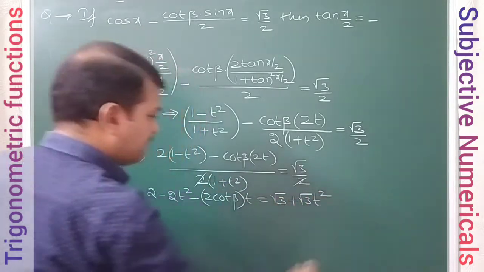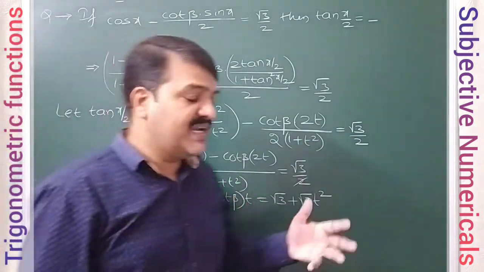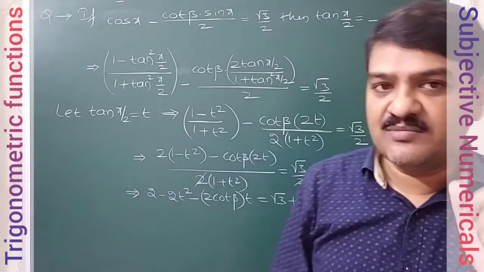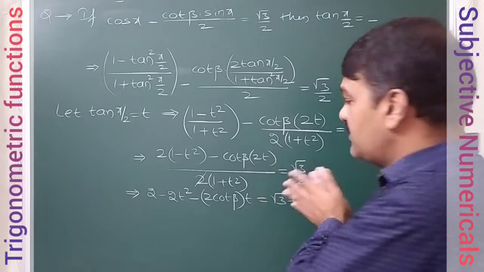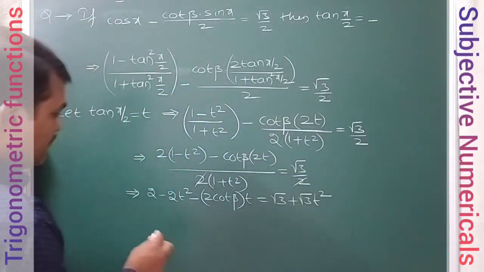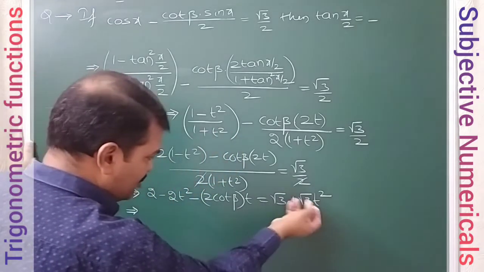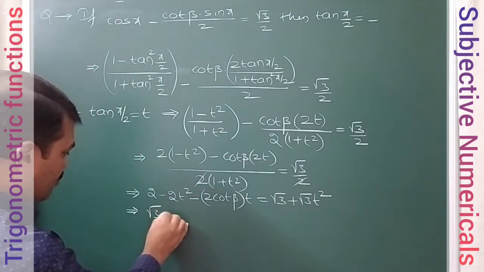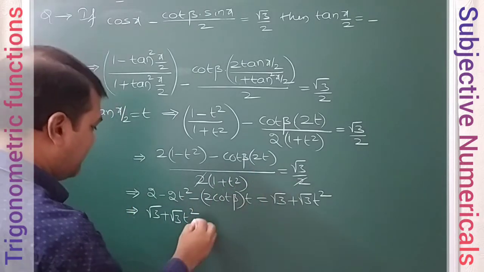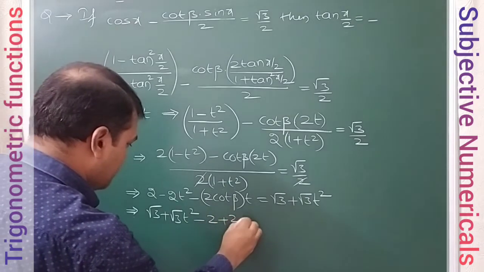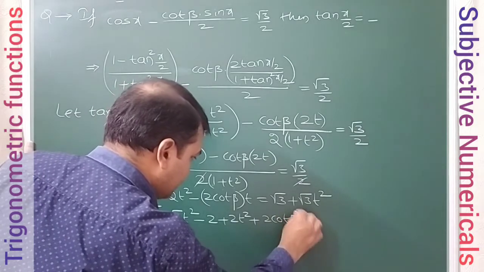Now let us shift all terms to the right side such that we get a quadratic equation in terms of t. So root 3 plus root 3 t square stays on the RHS, and the shifted terms become minus 2 plus 2t square plus 2 cot beta into t.